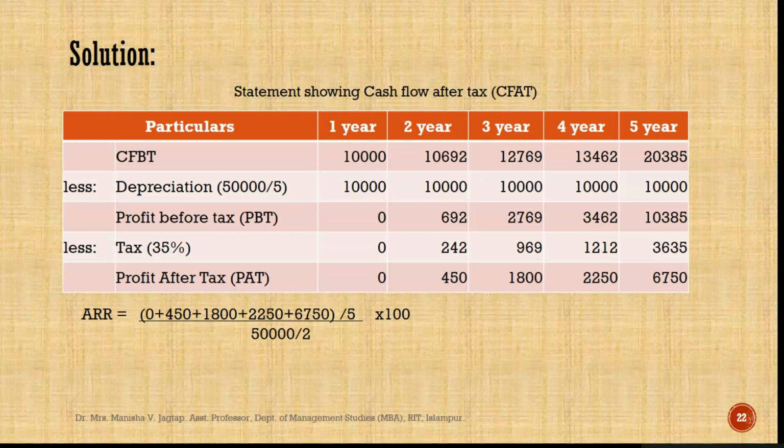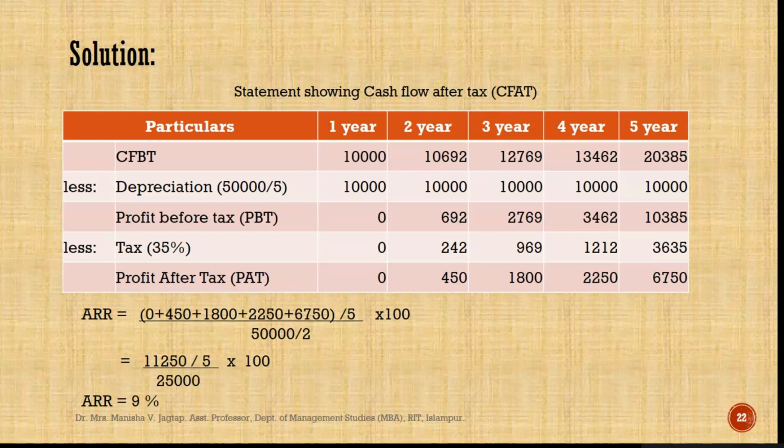What is the formula for average investment? Original investment divided by 2, into 100. And this will give you ARR is equal to 9%. So 9% is the accounting rate of return of this project.